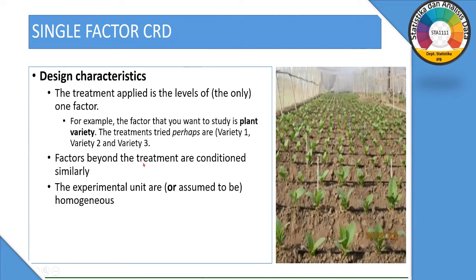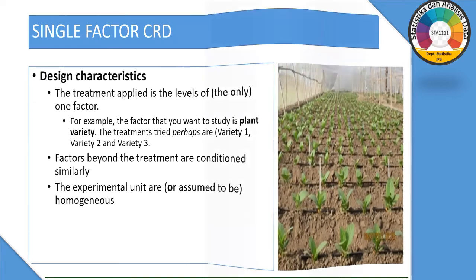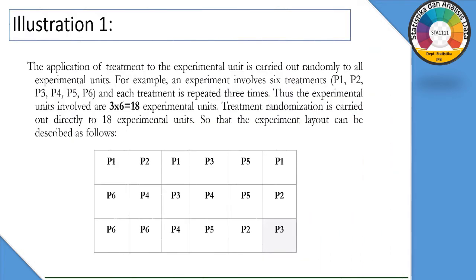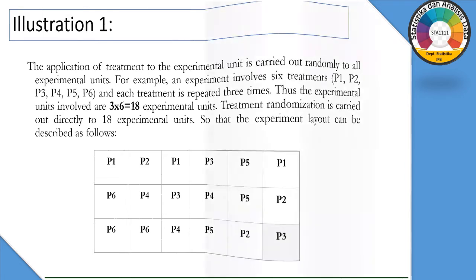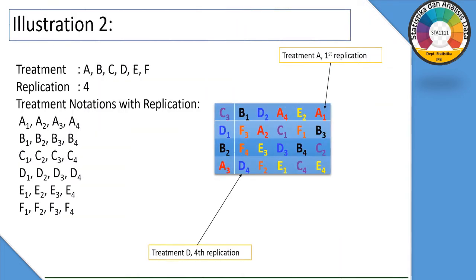So the experimental units are homogeneous or assumed to be homogeneous. If you use mice, the mice should be as homogeneous as possible. This is the same illustration, so I will not use this one because it is exactly similar to the previous example.